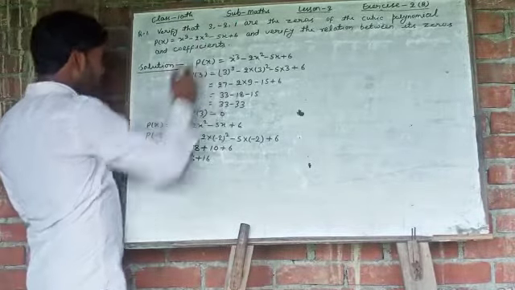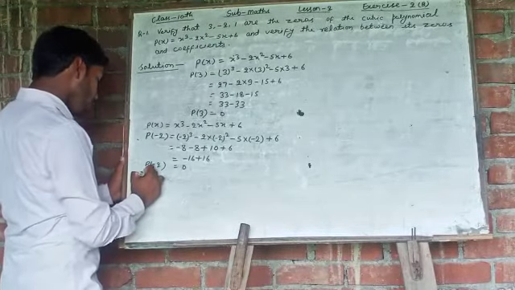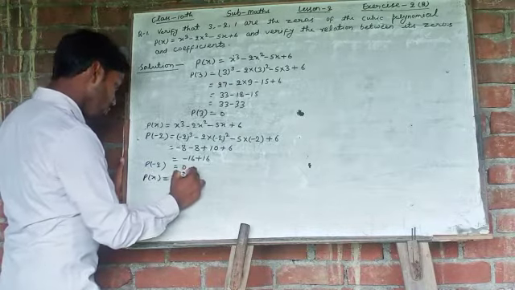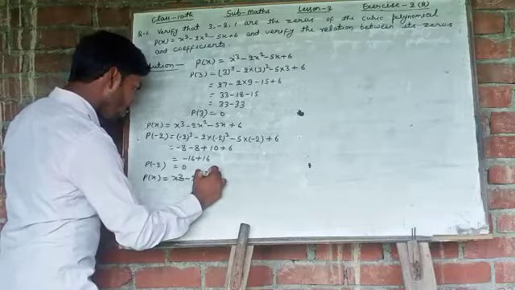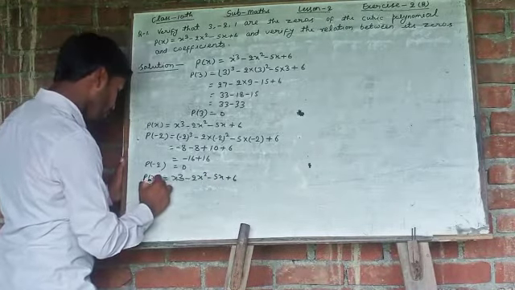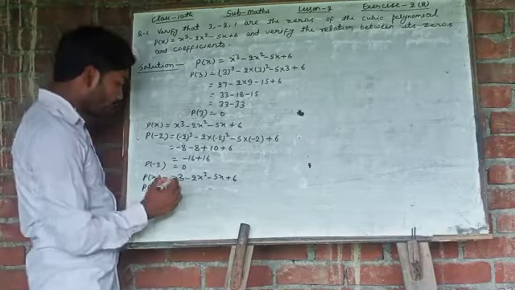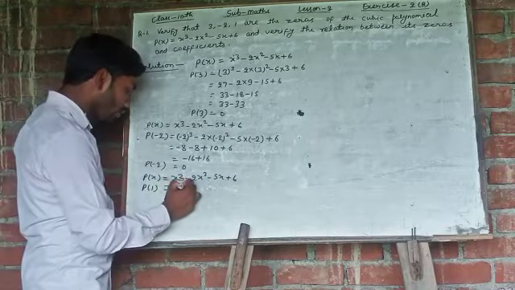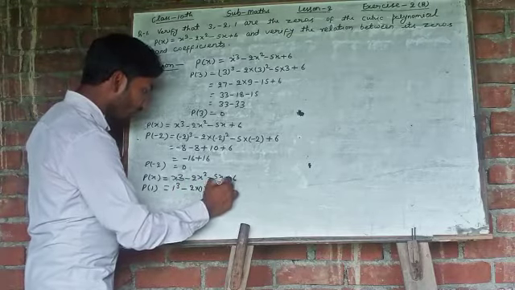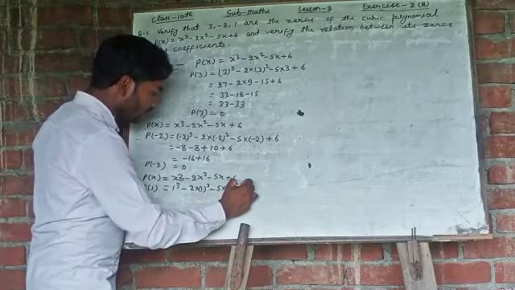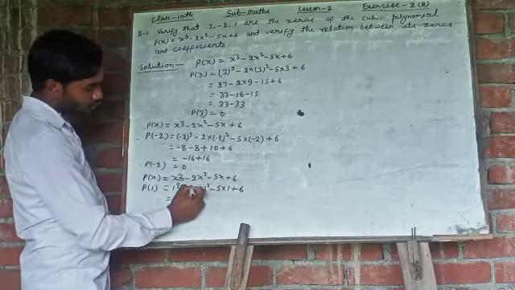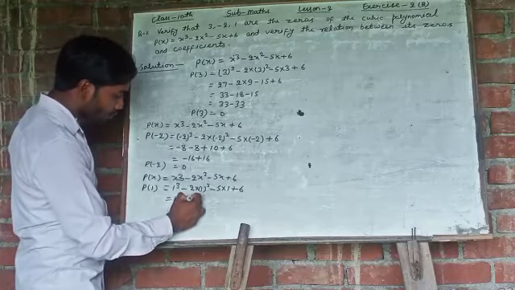Now we will check p(1). So p(x) is x³ - 2x² - 5x + 6. p(1) means in place of x we will put 1. So here 1³ - 2 × 1² - 5 × 1 + 6. 1³ will be 1, here 1² is 1, so 2 times 1 is 2.